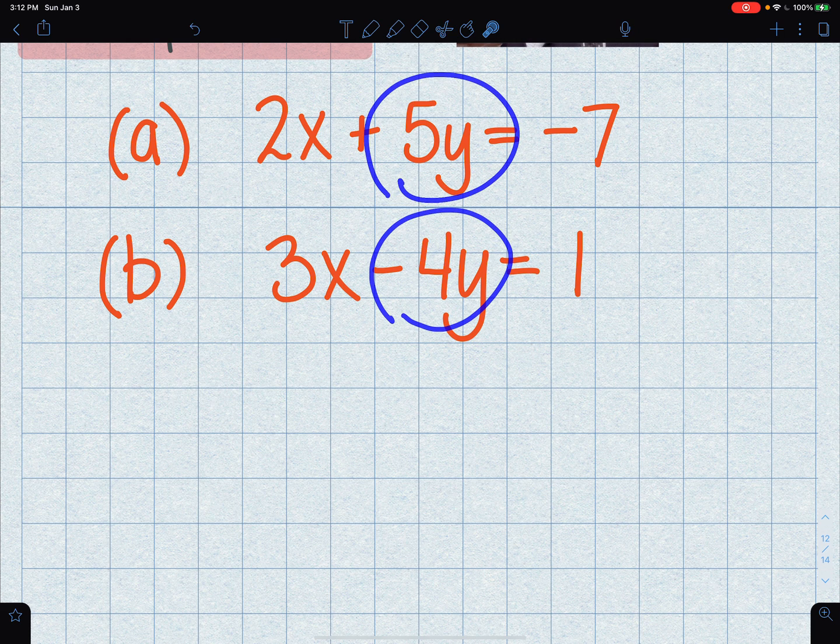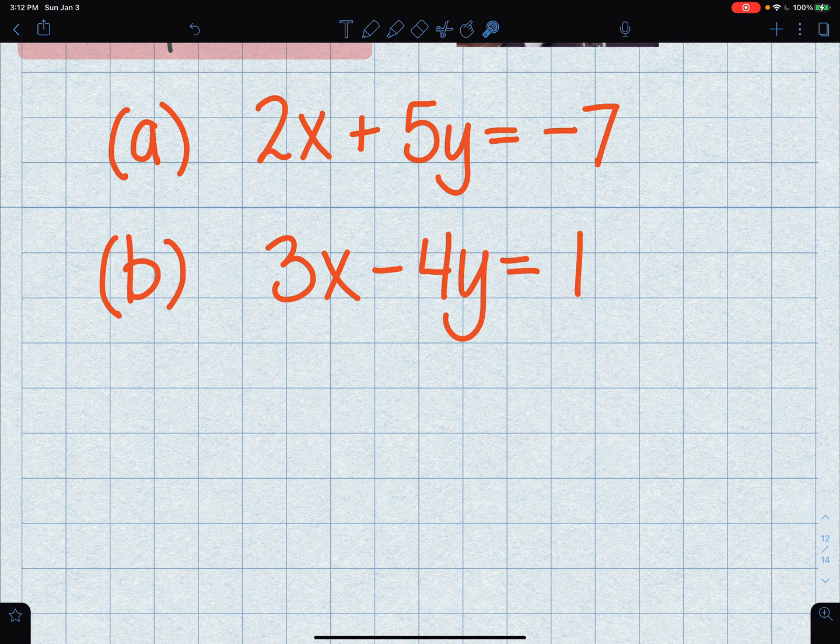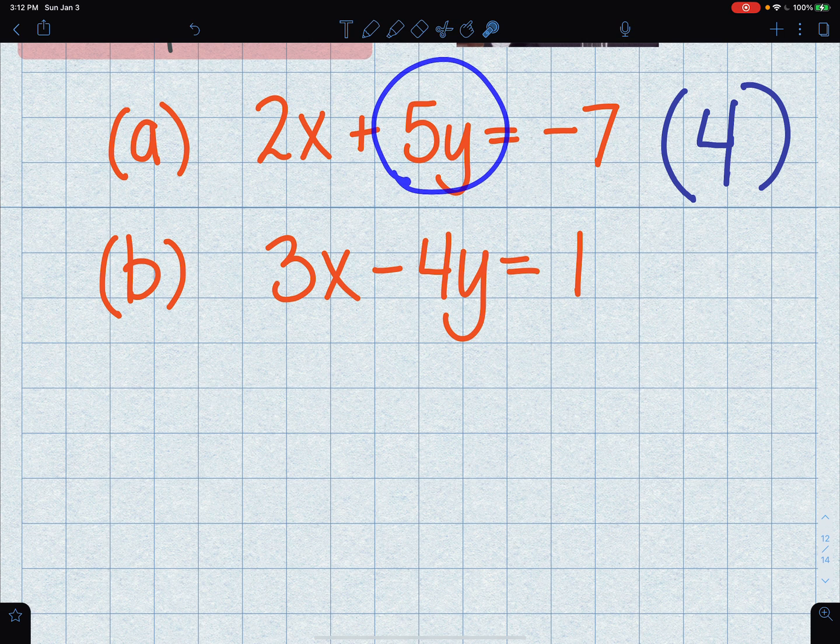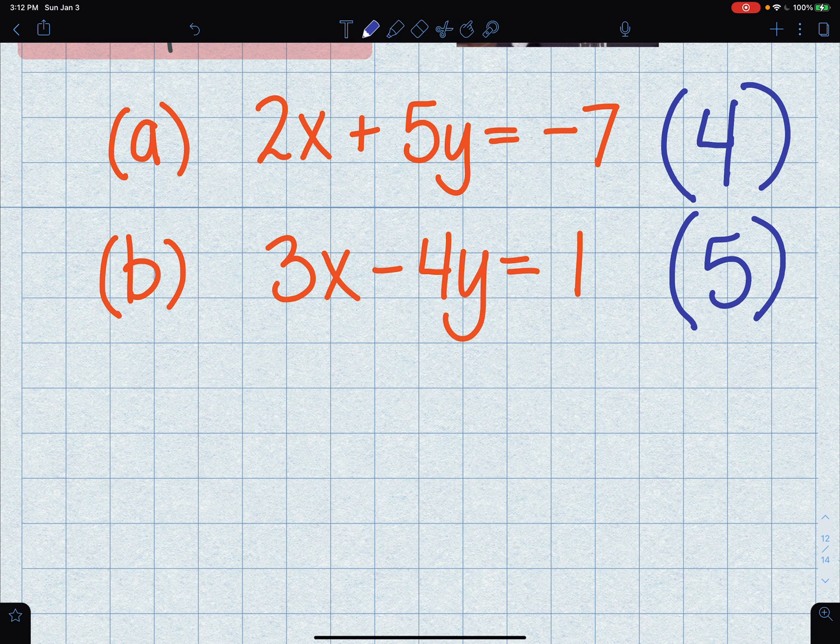If we multiply the entire top one by 4, that's going to make this 20y. And if we multiply the entire bottom one by 5, that's going to make this negative 20y, and then we can eliminate the y's. Let's try that.